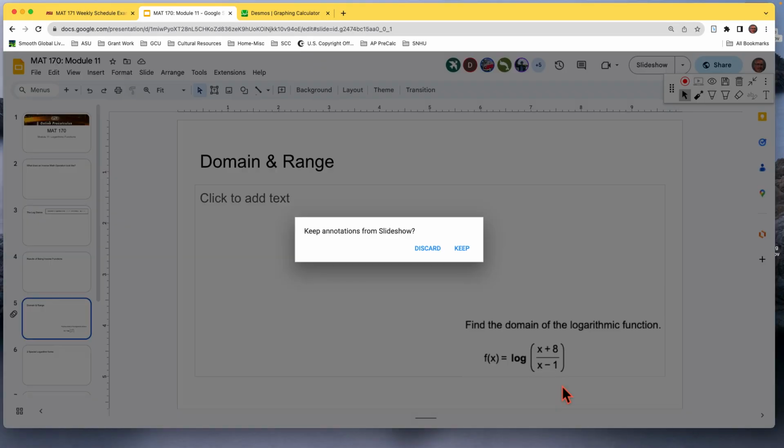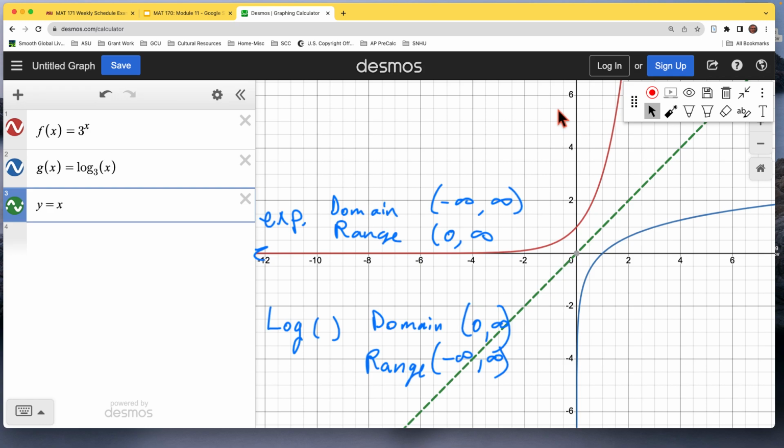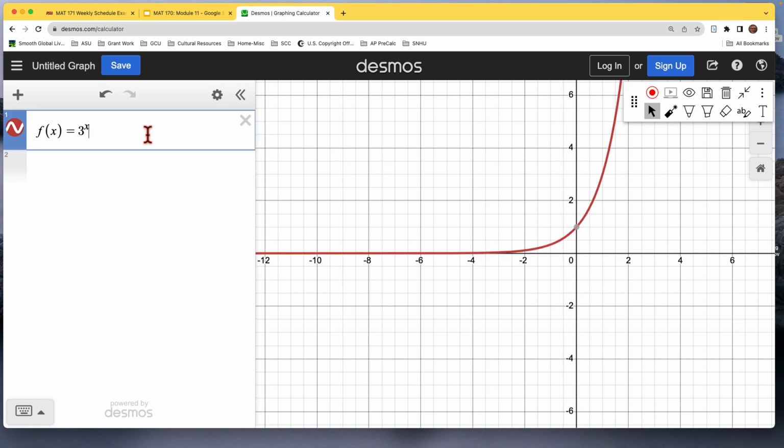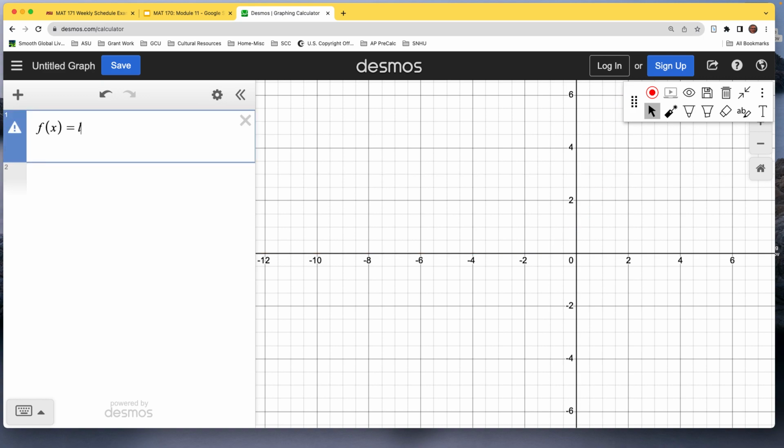So let's go back. I'm going to graph this and I'll show you. Let's clear this stuff. Let's get rid of this stuff. So we'll put in the function log.